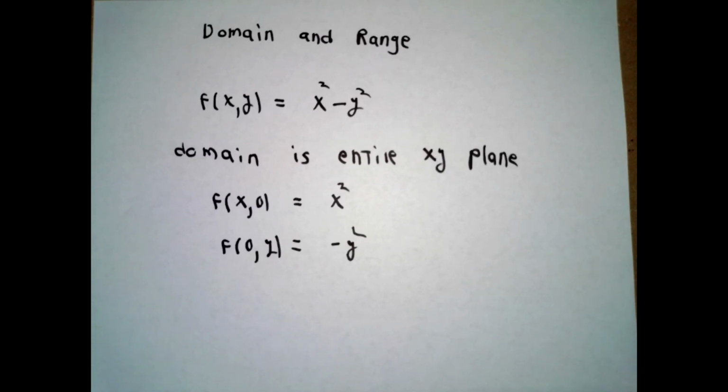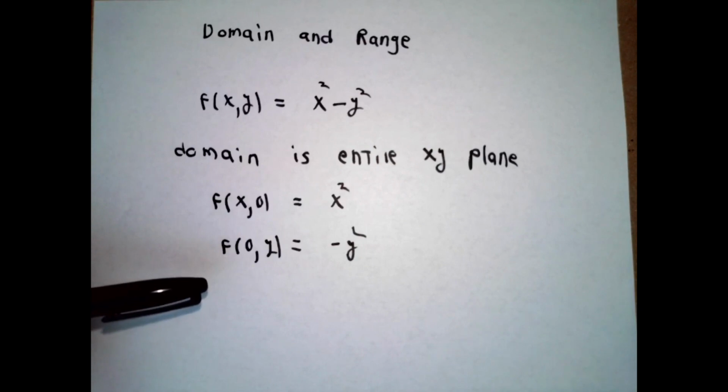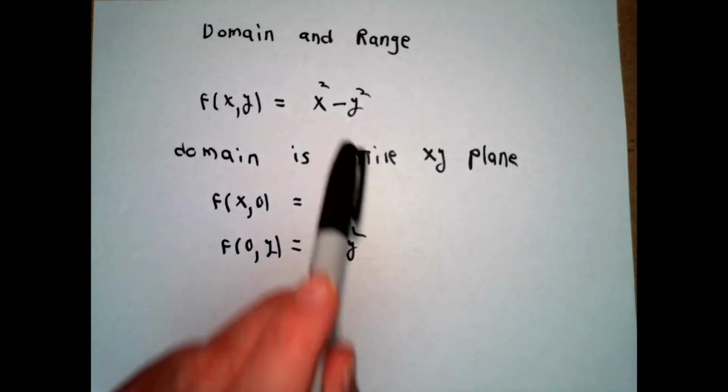I can get positive things, I can get negative things, and I can get 0 for an answer. This line of reasoning tells me that the range of this function is the set of all real numbers. In Calculus 1, the graph of a function was the graph of the equation y equals f of x.